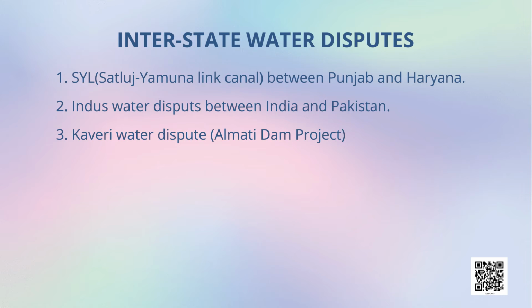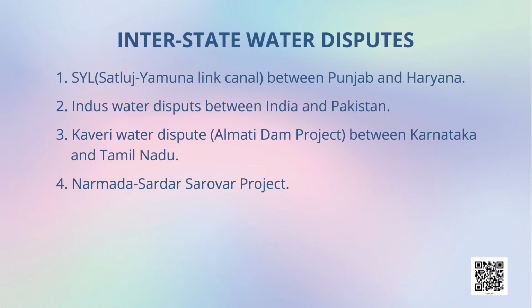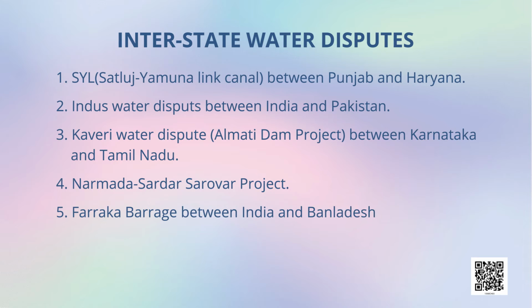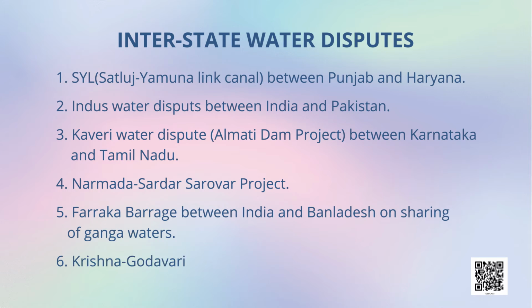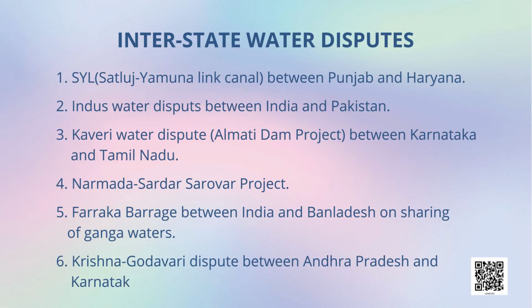Kaveri water dispute between Karnataka and Tamil Nadu. Narmada Sardar Sarovar project. Farakka barrage between India and Bangladesh on sharing of Ganga waters. Krishna-Godavari dispute between Andhra Pradesh and Karnataka. So students, these are all water disputes between states.